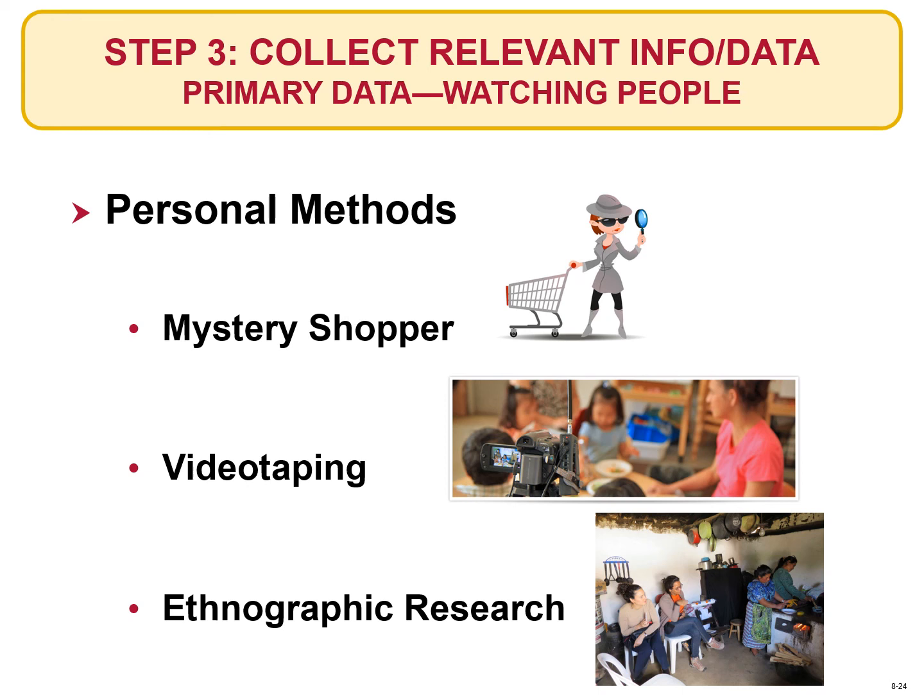You can do it to see how you are doing with the customers, or you can use the mystery shoppers to see how the competing firms or competing retail outlets are doing as far as the customers are concerned.